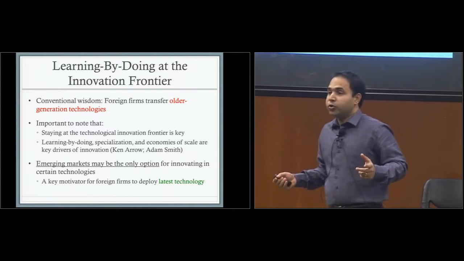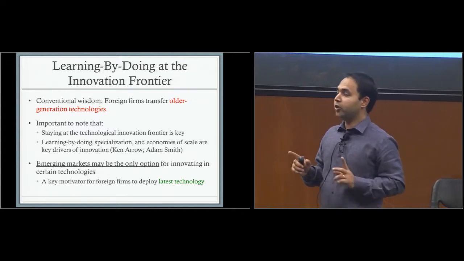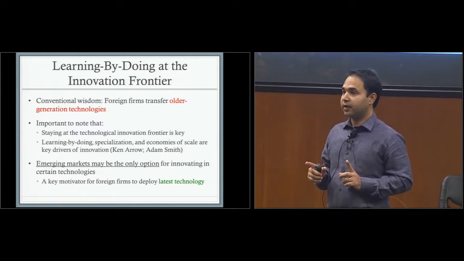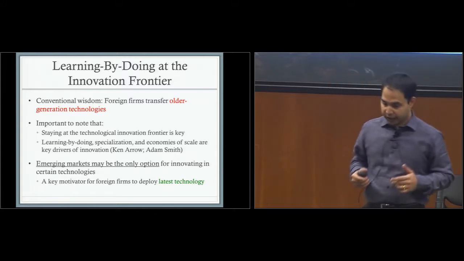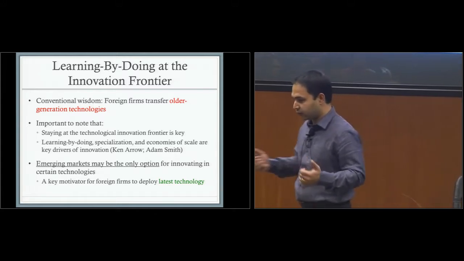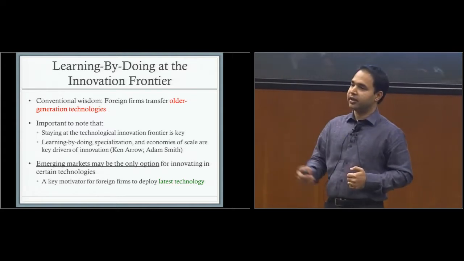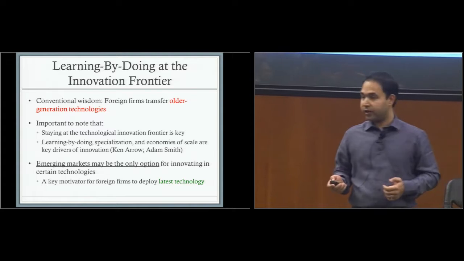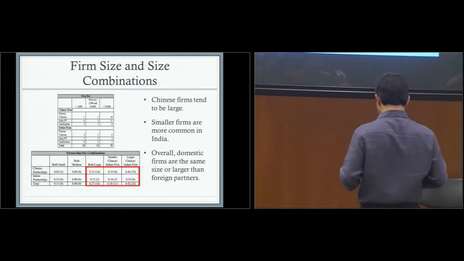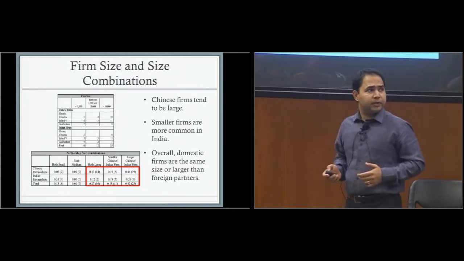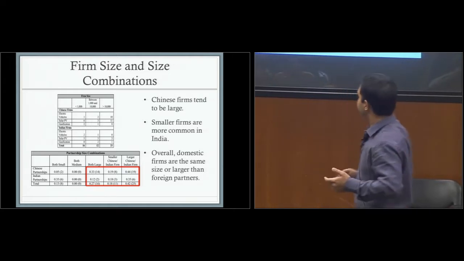And the conclusion there is, it's not only the older technologies that get transferred. Several of the experts in the interviews from these firms said that they are deploying absolute cutting-edge technologies in China because that's the only way they get experience, right?